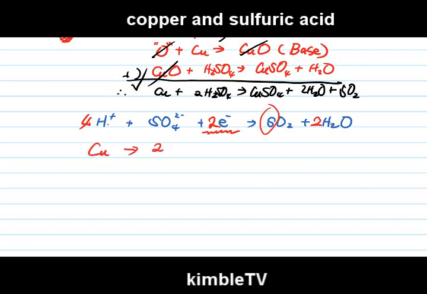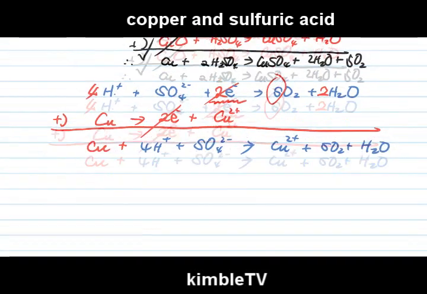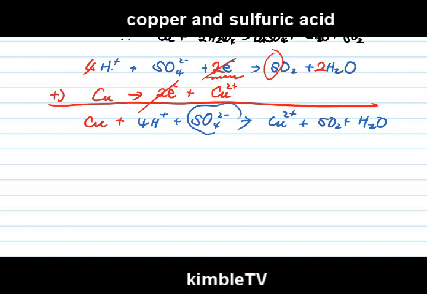Okay, and then we should know these electrons are released by copper metal. Copper loses 2 valence electrons to form copper ion. Okay, so add them, and the 2 electrons cancel: copper plus 4 hydrogen ion and sulfate ion form copper ion, sulfur dioxide, and water. Sulfate ion's charge is 2 minus, so it needs only 2 hydrogen ion.